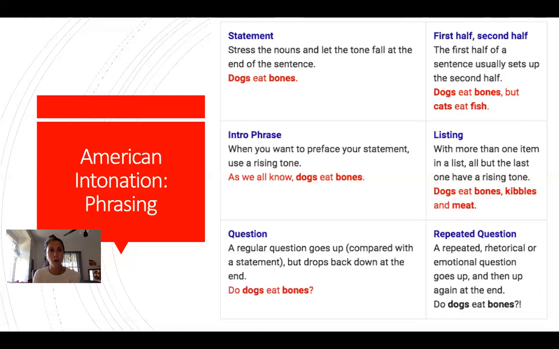Do dogs eat bones? Yeah, so we don't need to talk too much about repeated or rhetorical questions. Let's just focus more on the intonation within sentences with our nouns, with our rising intonation at the end for questions, and our falling intonation at the end for statements. Okay?